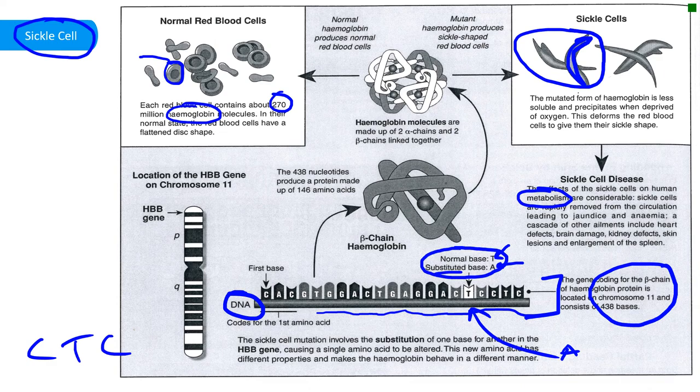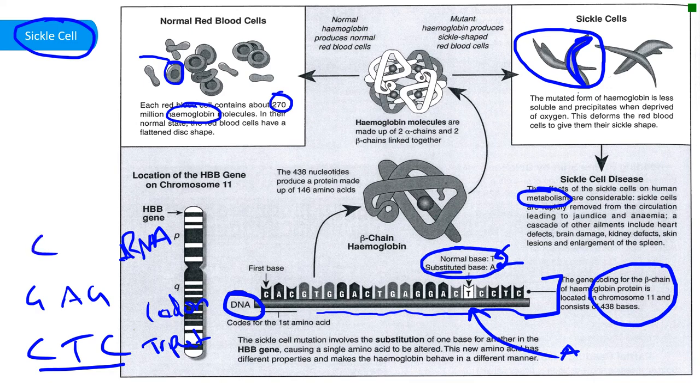Usually that's the triplet on the DNA. The codon, hopefully you should be able to work that out. The codon on mRNA would be GAG. And when the chefs on the tRNA molecules come along, on their little feet they would have CUC.